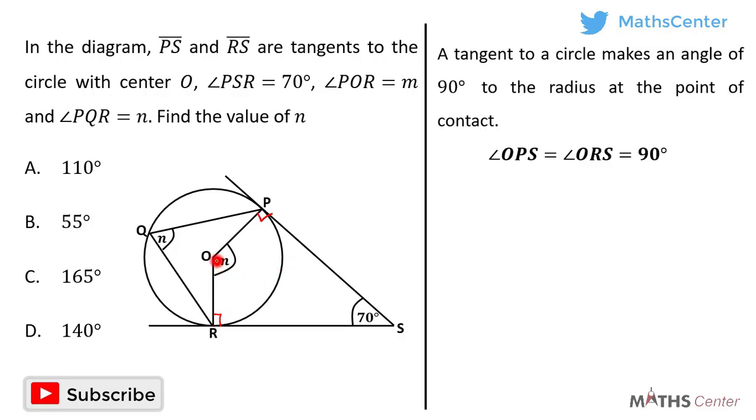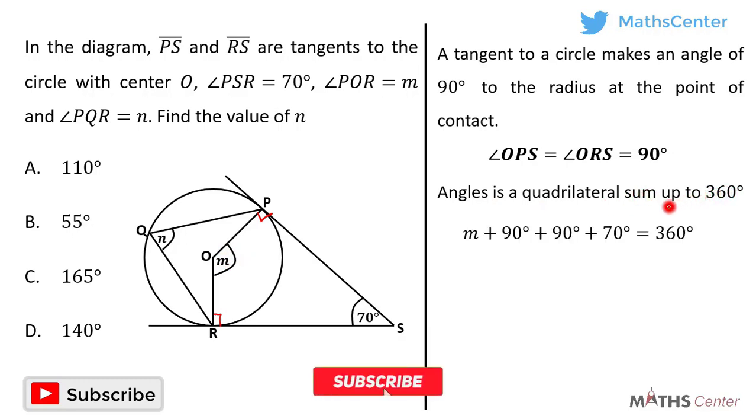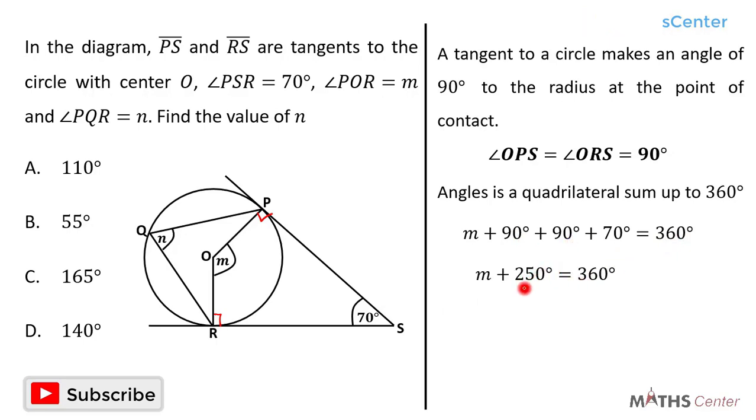If we consider the points O, P, S, R, we can see that it forms a quadrilateral, a four-sided figure. And we know that the angles in a quadrilateral sum up to 360 degrees. So M plus 90 degrees plus 90 degrees plus 70 degrees is equal to 360 degrees. 90 plus 90 plus 70 gives us 250 degrees.